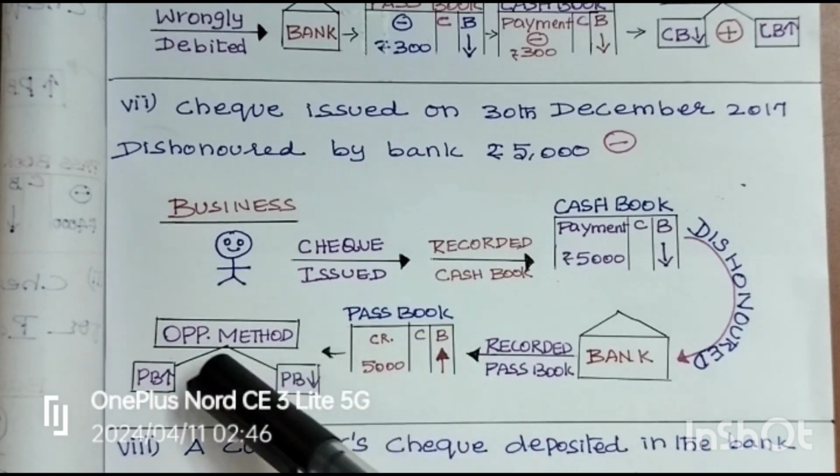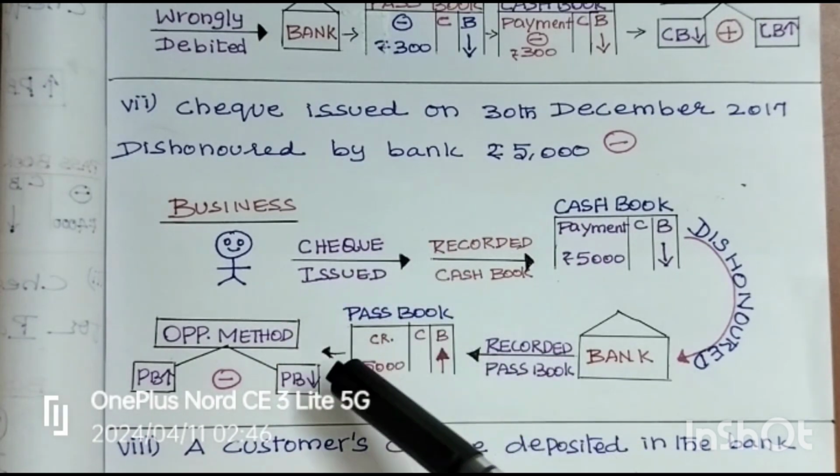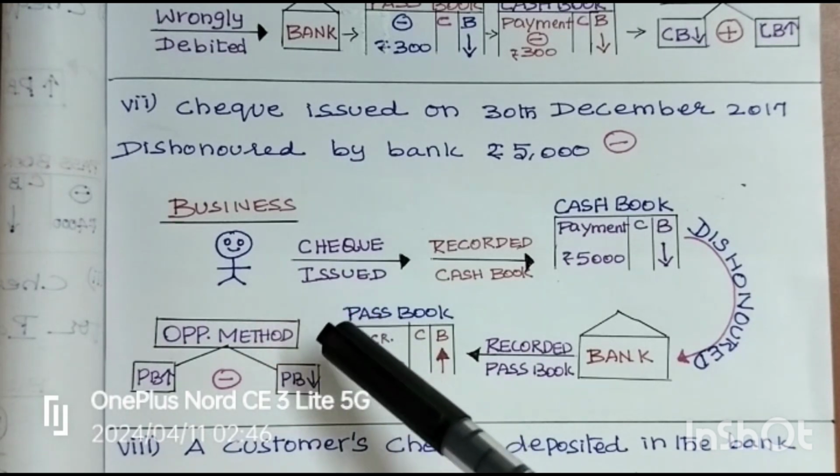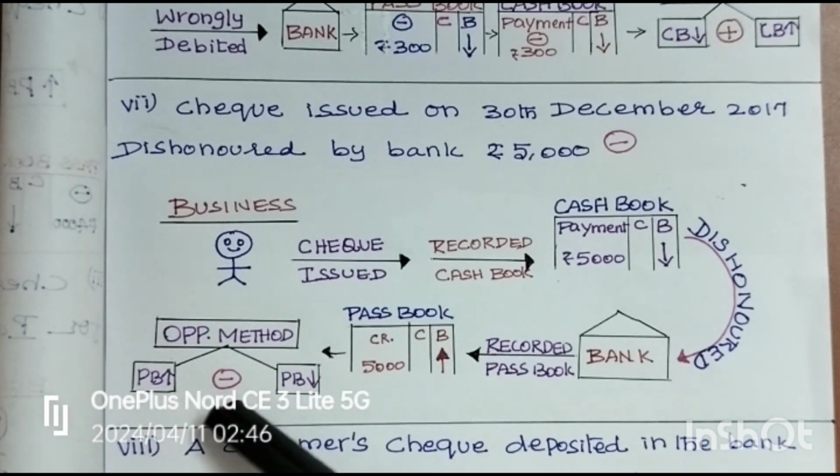We are following the opposite method. Whenever the passbook increases, in the opposite method it will be decreased. So this transaction will be subtracted.